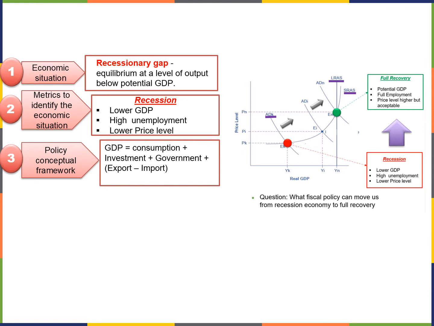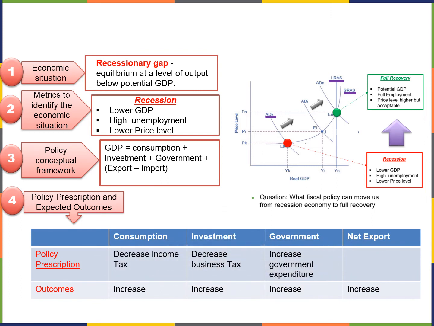From the demand perspective, the Keynesian approach, we will use our understanding that GDP equals consumption plus investment plus government plus net export. So with that policy conceptual framework, how do we translate that conceptual framework into a policy prescription? Here it is.